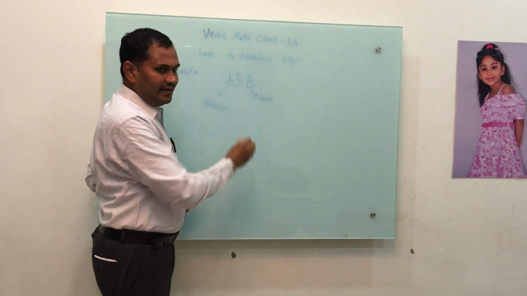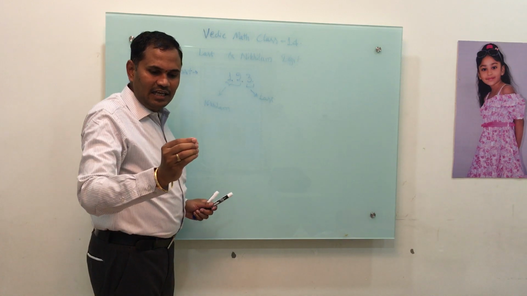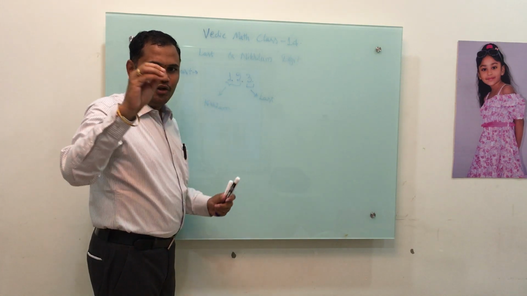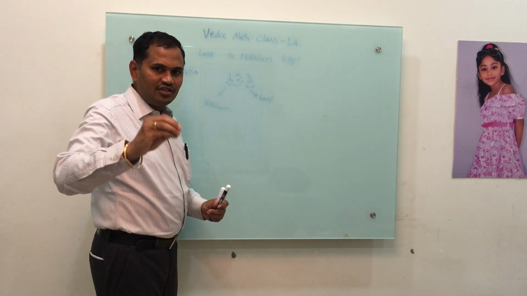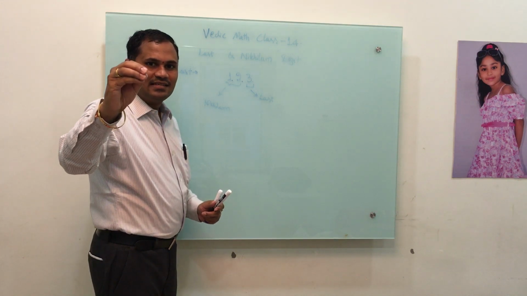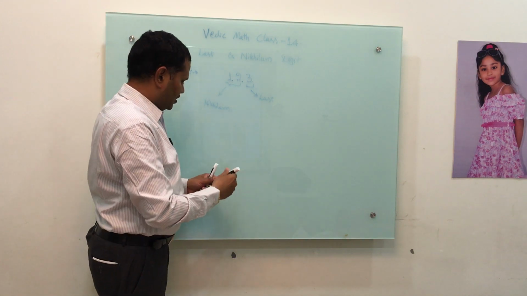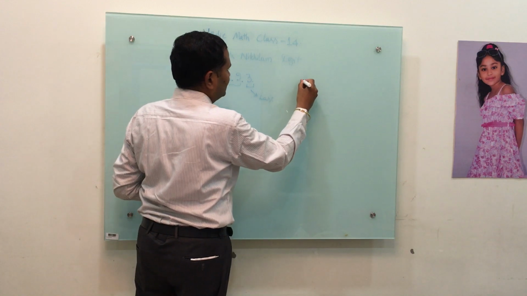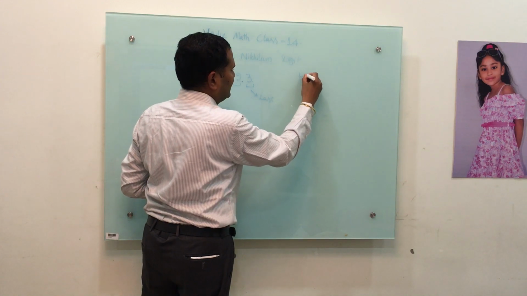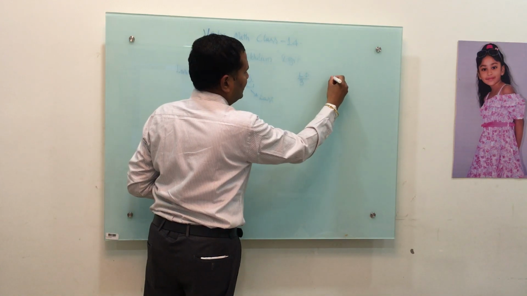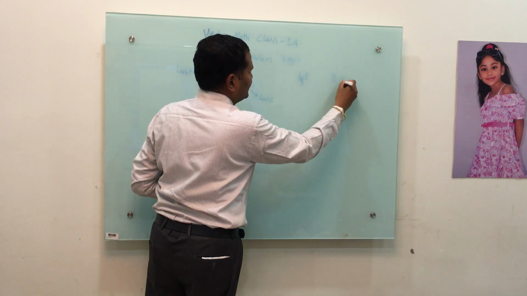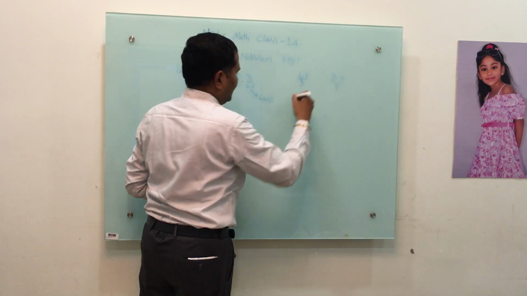When you see 3 as the last digit, immediately in your mind it should be very clear that the best friend of 3 is 7. So that's one thing which you need to remember. 3 is the last digit, and then just immediately recollect that the best friend digit is 7 for 3.